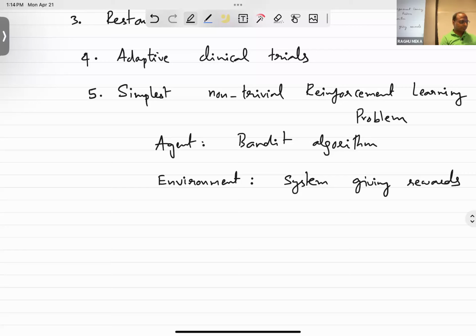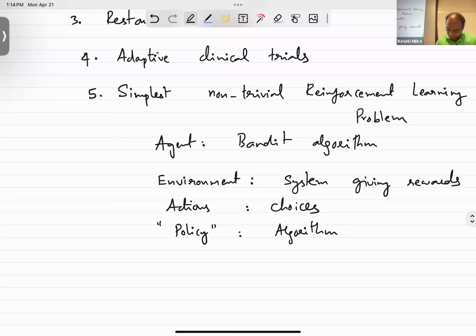And actions are just choices. Rewards are rewards. And policy is just the algorithm for choosing actions.